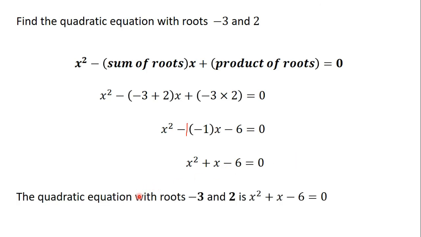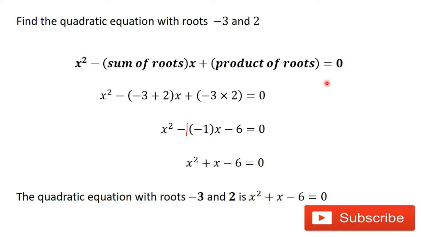So the quadratic equation with roots minus 3 and 2 is x squared plus x minus 6 is equal to 0. You can see that when you are given the roots of the quadratic equation and you are asked to find the equation itself, it's very simple. If the variable in the equation is x, then the equation is giving us x squared minus sum of roots x plus product of roots is equal to 0.